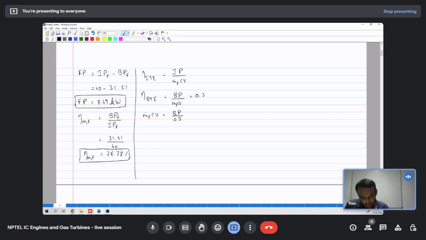Now substituting this in the indicated thermal efficiency equation, we have eta ite is equal to indicated power, which we know is 40 kilowatt, divided by brake power by 0.3. We know brake power is 31.51 divided by 0.3.